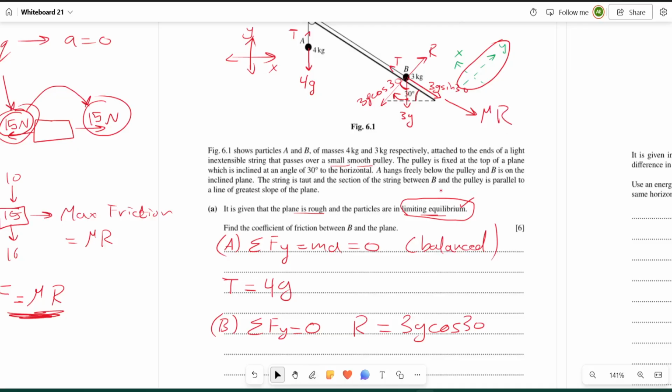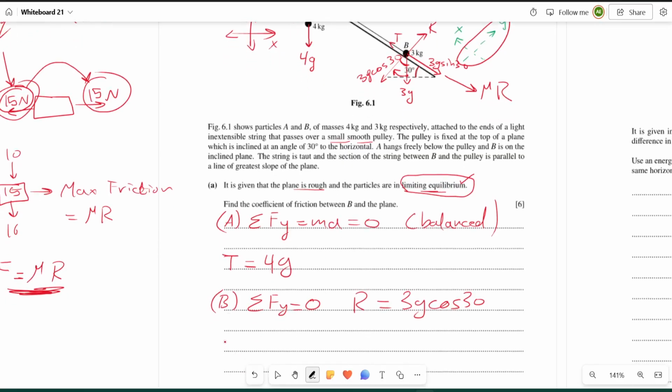Okay, so now let's do B, sigma Fx equal 0 as well. So the forces up the plane are going to equal the forces down the plane. So tension is going to equal 3g sine 30 plus mu R. Okay, what is R? I got R previously, 3g cosine 30. That's why I like to resolve in the y direction first.